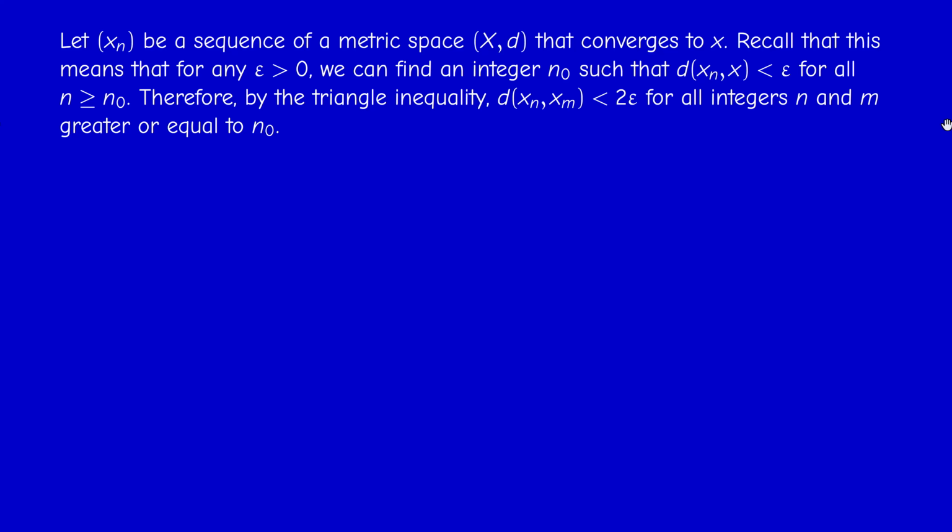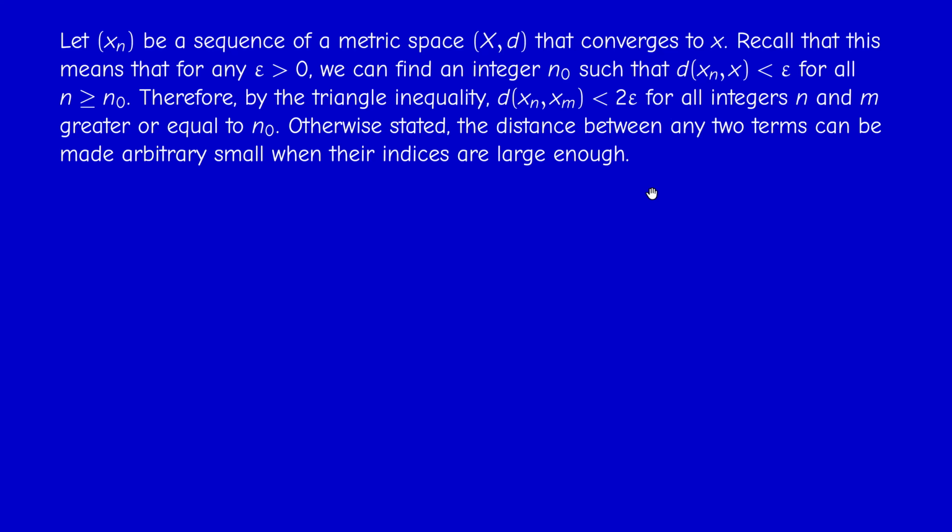So any convergent sequence satisfies this property, that the distance between any two terms with large indices can be made smaller than any positive number. A sequence having this property is called a Cauchy sequence.